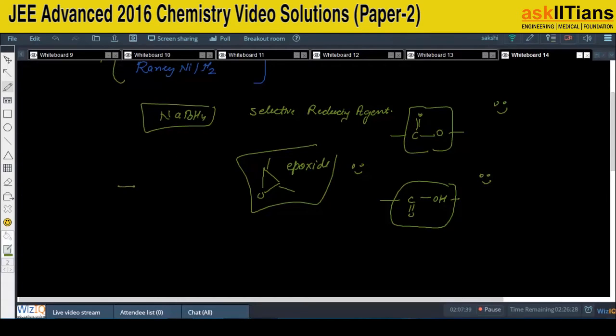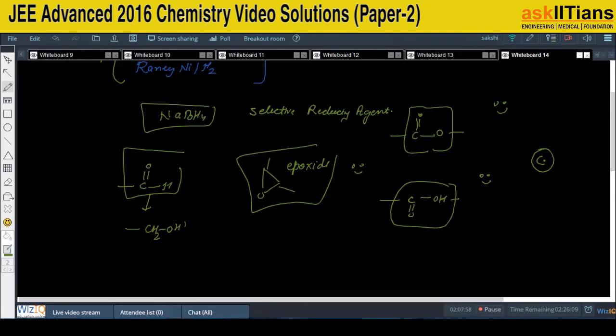But the aldehydic group, the CHO group, will be reduced into primary alcohol, which is CH2OH. Hence we can say that only option C is the correct option for this particular question.